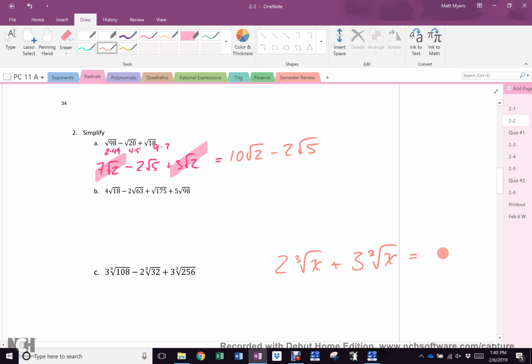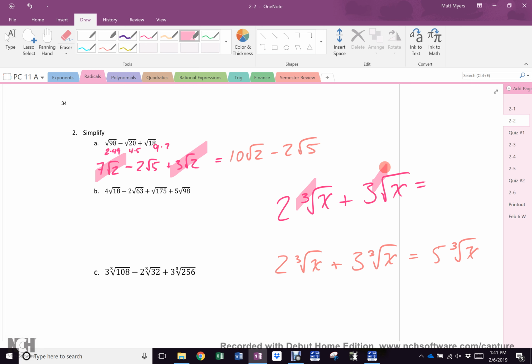What do you think that's going to be? 5 cube root x. Now let me ask you this. Can I do this? Why not? The index is different. The cube root of x is different than the square root of x. So they are no longer like terms.